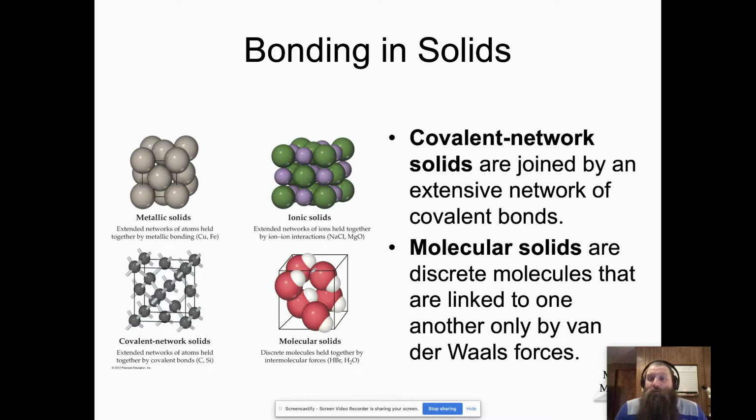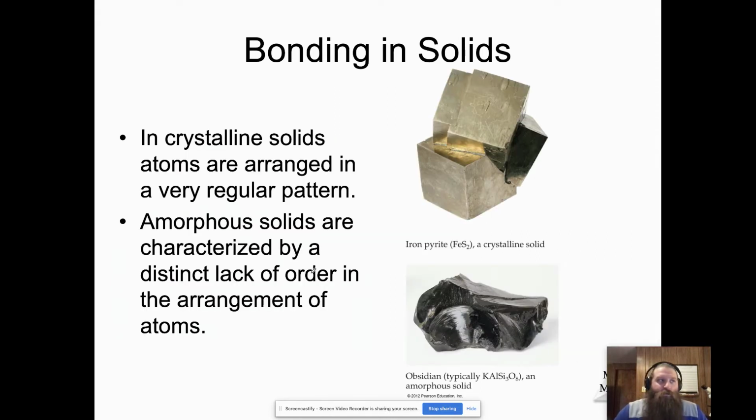Okay, we have covalent network solids, which are solids that are formed by large networks of covalent bonds. So many repeating covalent bonds. Things like graphite or diamond are a great example of a covalent network solid. And then we have molecular solids, which are individual molecules that are linked to each other just by van der Waals forces. All right, so those are our four main solids.